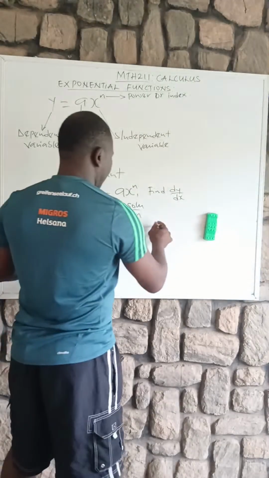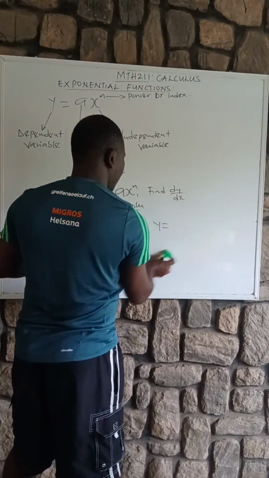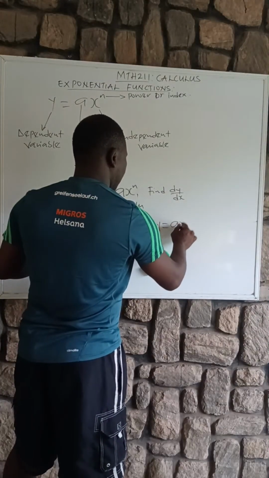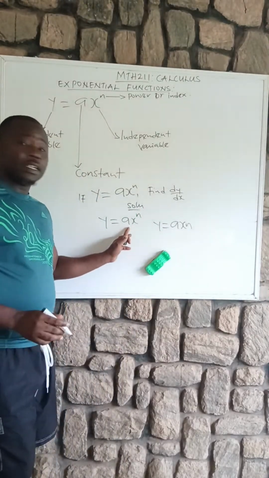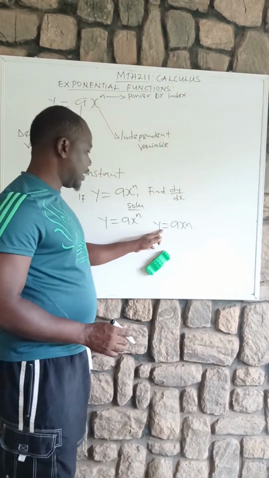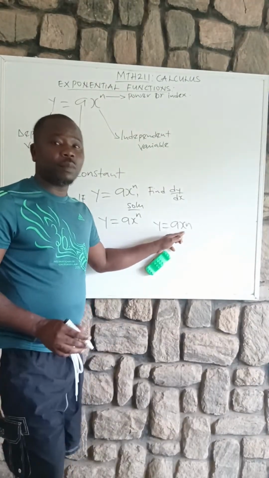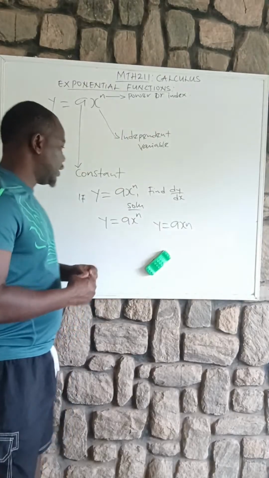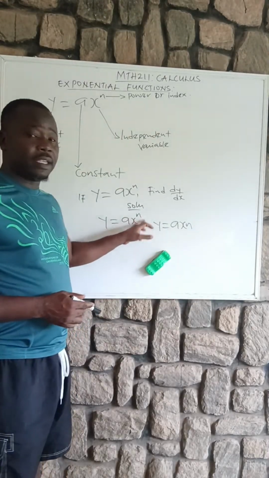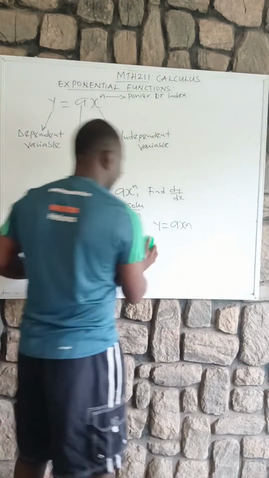Please don't write it as axn, because this and this do not look alike. This is ax raised to the power n. Take note, very important.